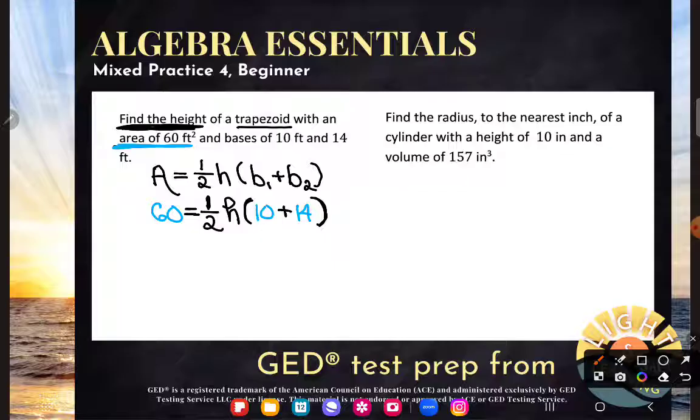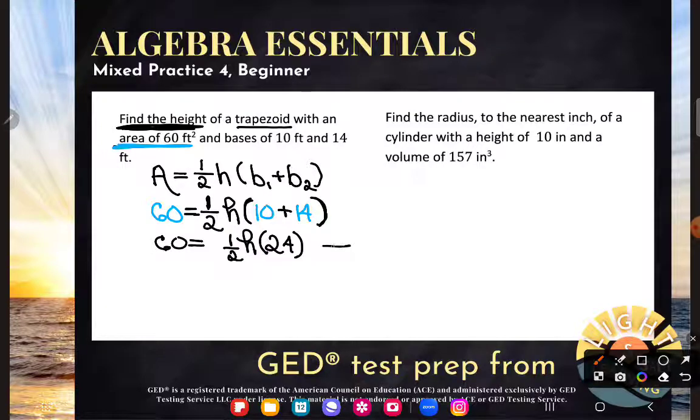When I'm simplifying, I follow the order of operations, and I work any groupings first. I sure do see a grouping here, 10 plus 14. Let's do that. 10 plus 14 is 24. So this 24 was in parentheses, shoved up against this H, which was shoved up against this 1/2. And that whole thing is equal to 60.